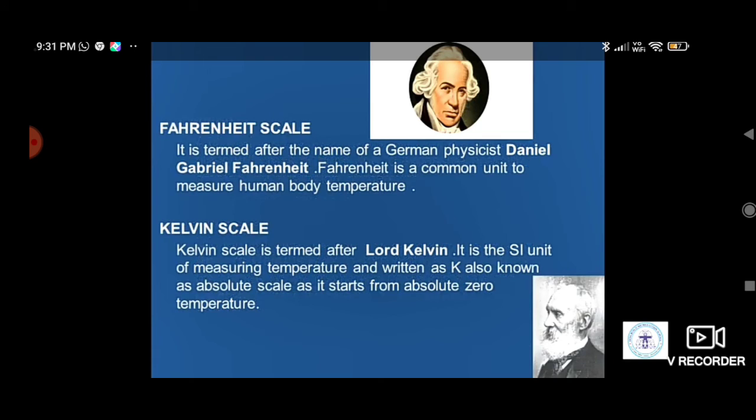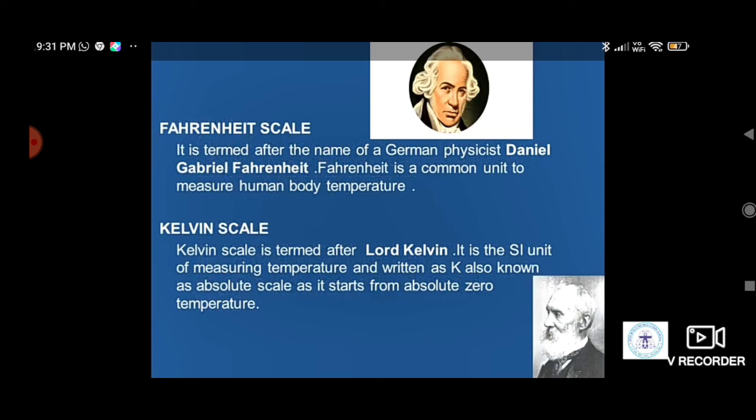Fahrenheit scale. It is named after the German physicist Daniel Gabriel Fahrenheit. The Fahrenheit is a common unit for measuring human body temperature.